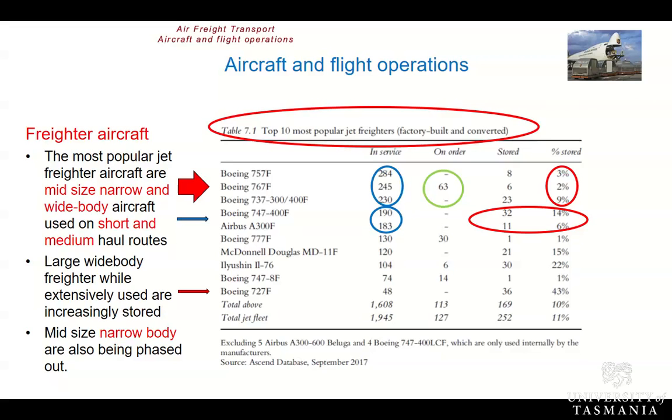Now, I guess the thing about the Boeing 727 is that it was released before the 737, 757 and 767, so there's an issue around the age of that particular aircraft. And like everything else, aircraft do have an age limit where they're phased out or stored, if you like. And we can see that around about 43% of that particular aircraft has been totally phased out.